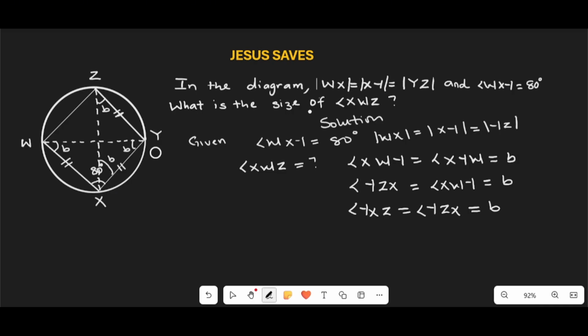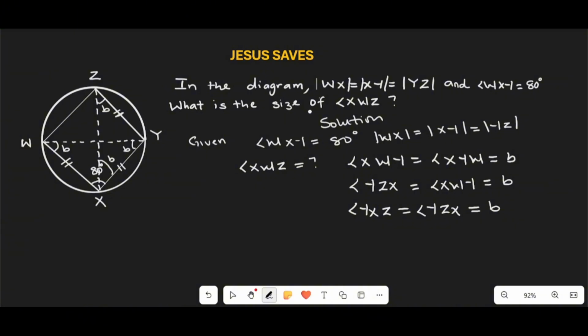I want you to note that angle YXZ and angle ZWY are both standing on arc YZ, and angles at the circumference standing on the same arc are equal.